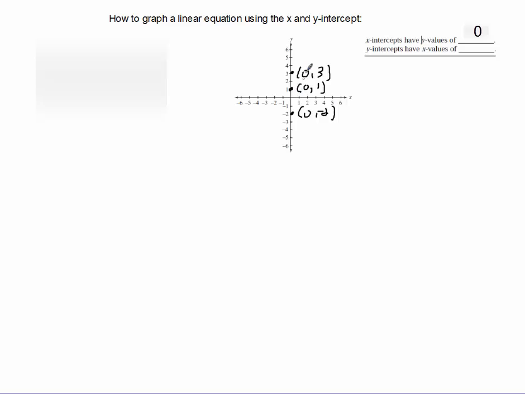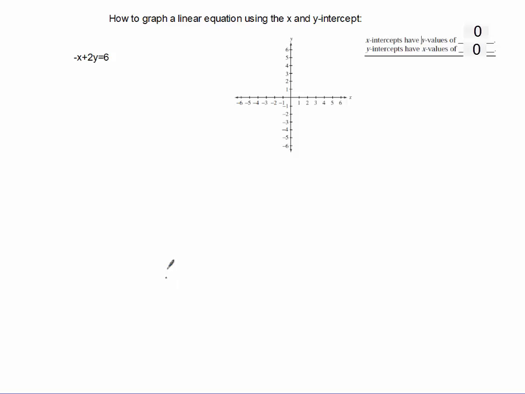Otherwise, you're going to move either left or right. So if you're finding the y-intercepts, look at the x values when x is 0. If you're finding the x-intercepts, look for where the y values are 0.